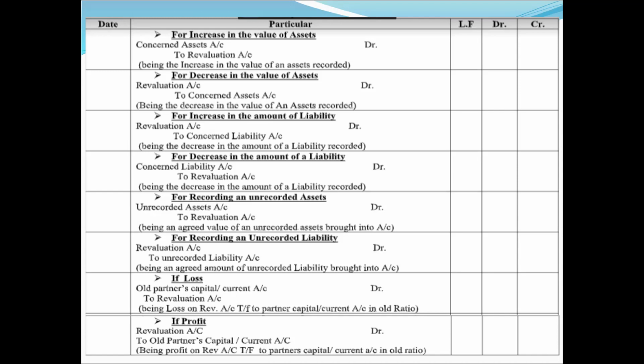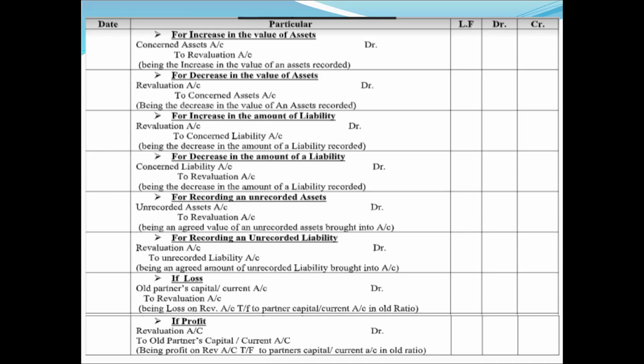You have to frame the journal like this: concerned asset account debit to revaluation account. The second entry, for decrease in the value of an asset, you directly enter on the debit side.